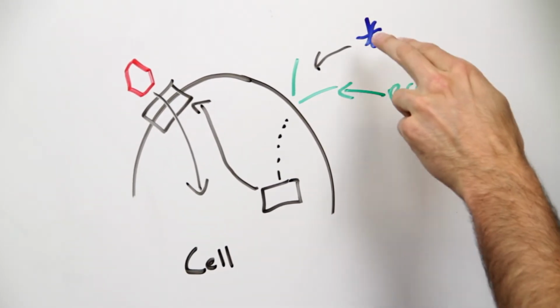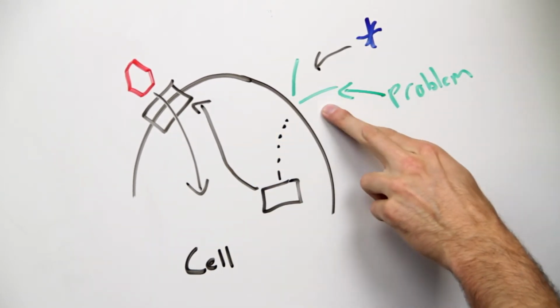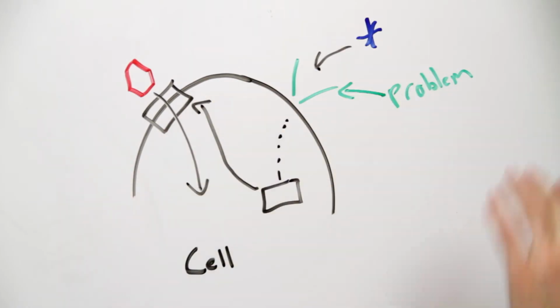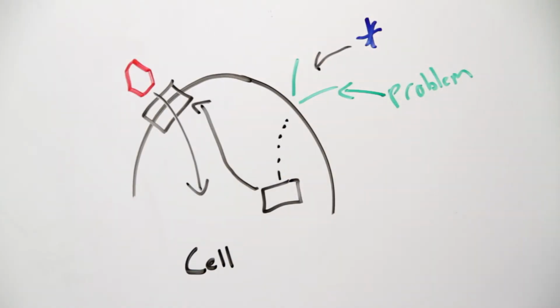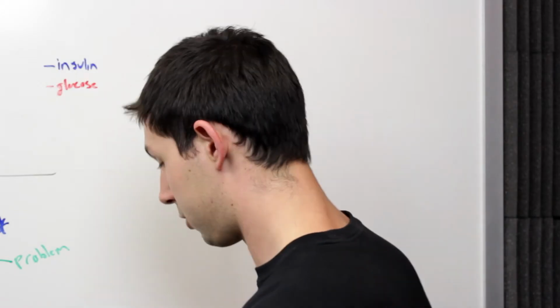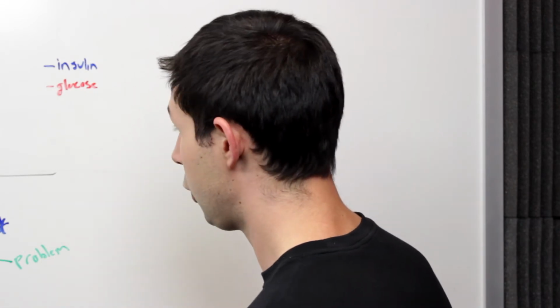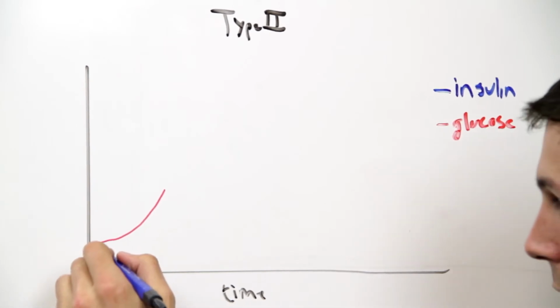This insulin is not having the effect that it should be having. Whether it's with the signal transduction pathway or with something else in the pathway, I'm not going to get into, but at this point, there's a problem with the signaling of insulin to get the glucose into the cell.